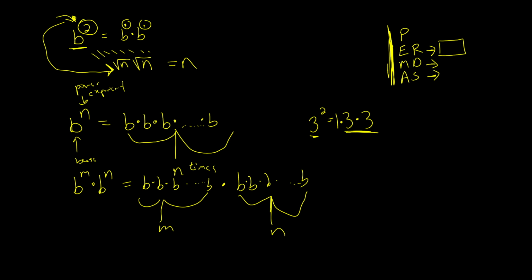And then I'm going to do the same thing over here, n times, but these are all multiplications. And so all together, I have m plus n multiplications. And we say b to the m times b to the n is the same as b to the m plus n. That's nice.